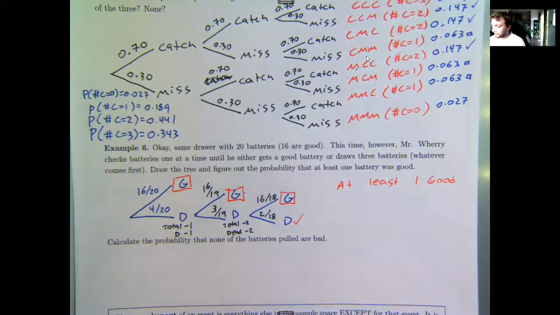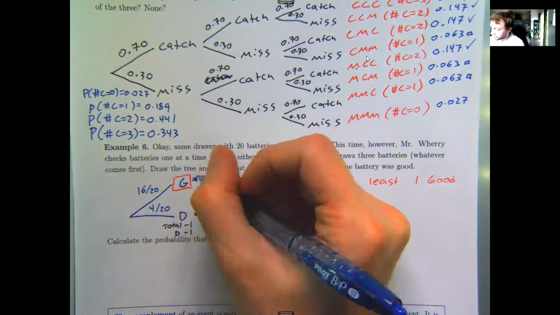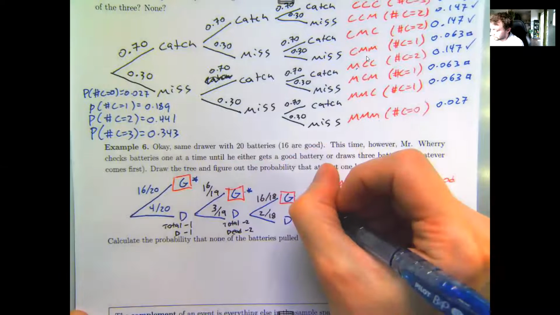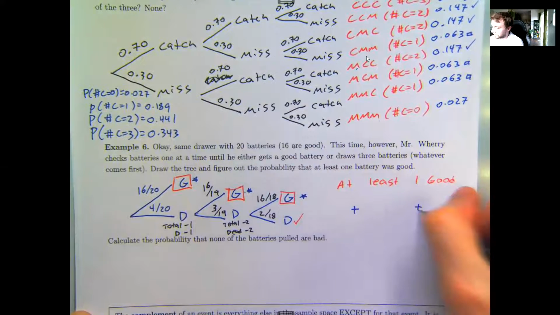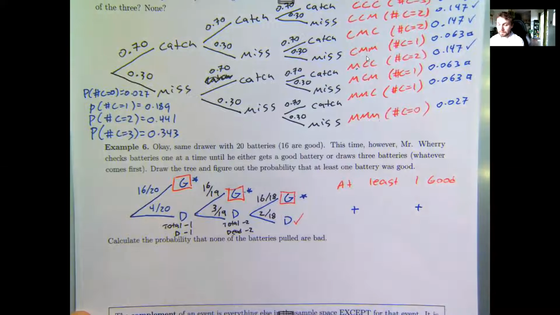So I'm going to take these ending spots of these trees. It looks like I have 3 different sequences here, and I'm going to add up all the different sequences that work.